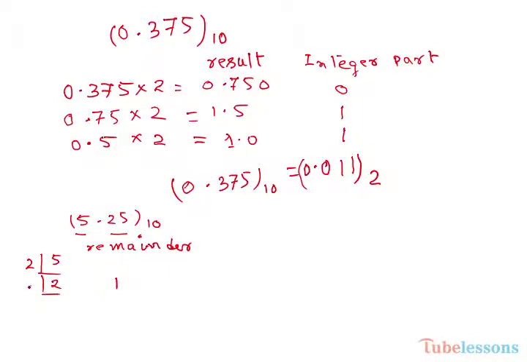Again 1 divided by 2, the remainder is 0 and... again divided by 2, so here is 0 and here is 1.